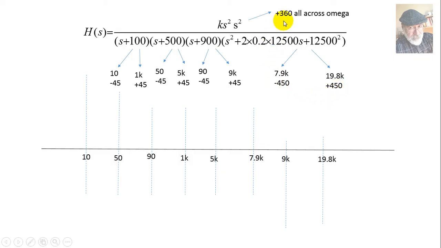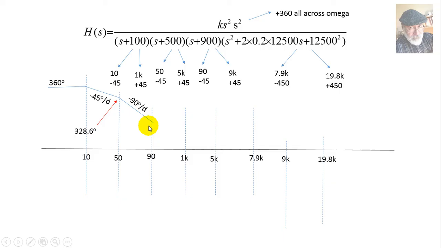On the left, we know we begin with 360 because of the 4 zeros at 0. 360. We hit these 10 radians per second, and the contribution is a slope of negative 45 degrees per decade. Fine. And at 50, another 45 degrees per decade.